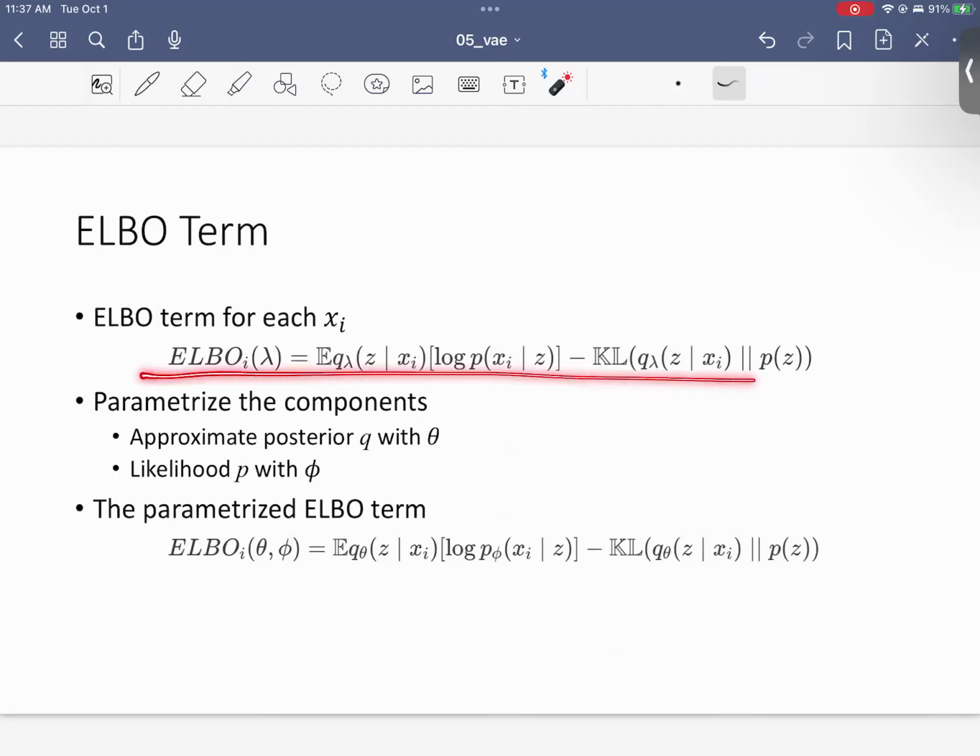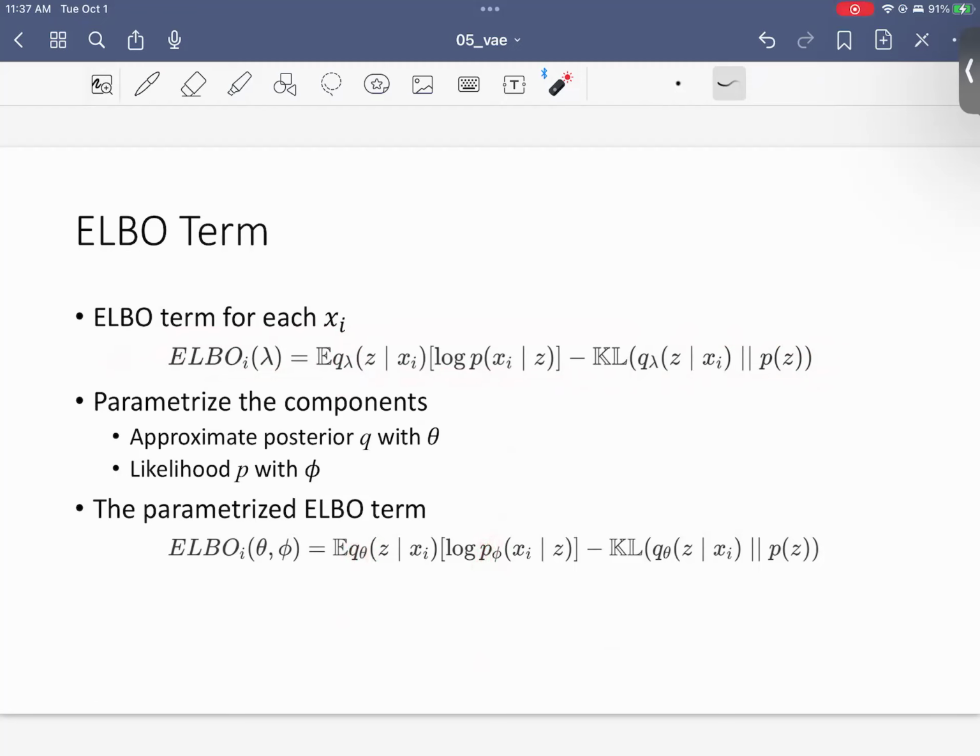So far, we've only stuck to a true variational inference derivation, but now you can see that the lambda has become a theta, and now p has a phi, because we're going back to the autoencoder notation, where the autoencoder had controllable parameters, theta for the encoder and phi for the decoder. So we're just plugging them back in.